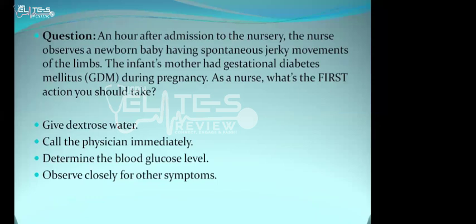So let's look at this question. We have another aspect of the prioritization to talk about. But before that, let's look at this one. An hour after admission to the nursery, the nurse observes a newborn baby having spontaneous jerky movements of the limbs.